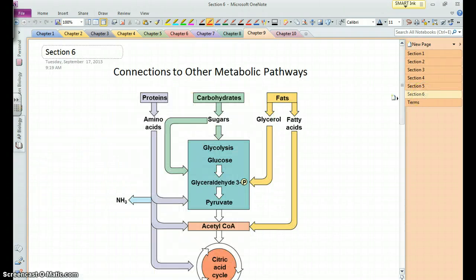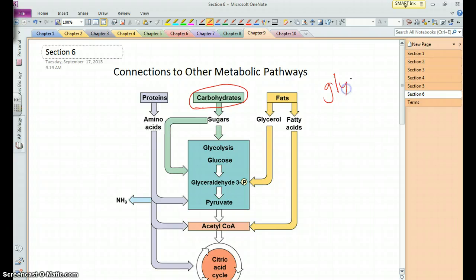Okay, what else? Now, your body prefers to tap into carbohydrates when energy is needed. And so that's sort of what your body goes to first.